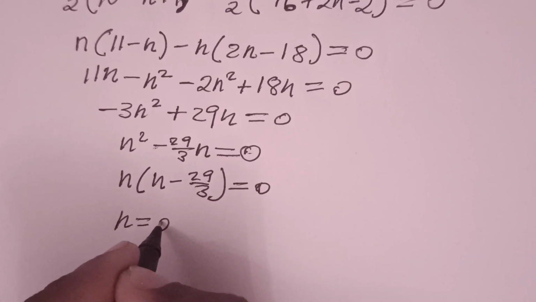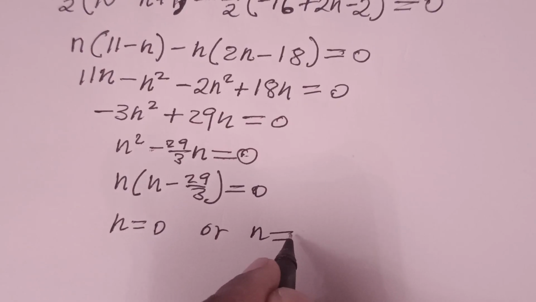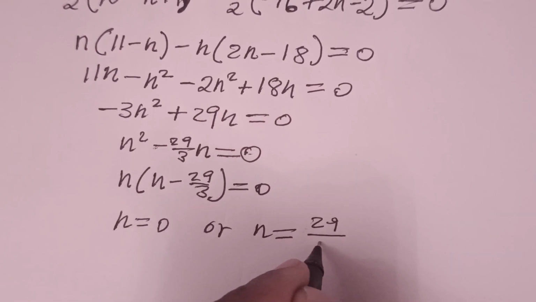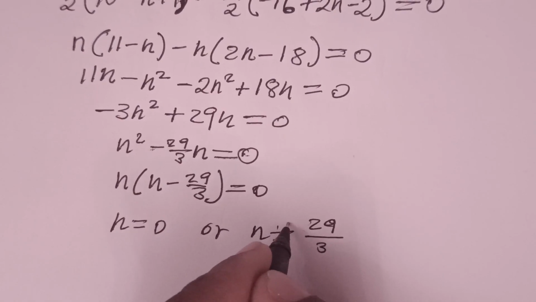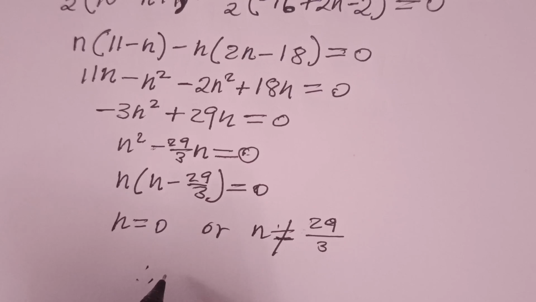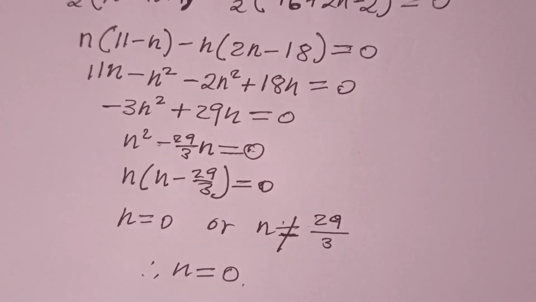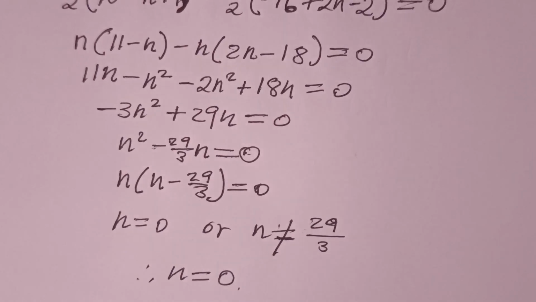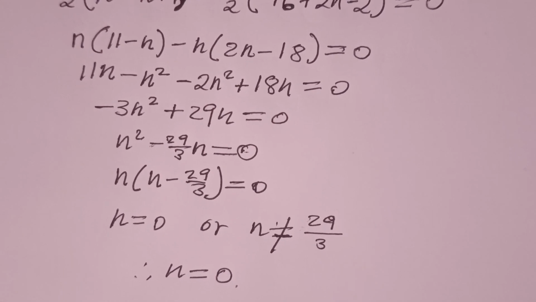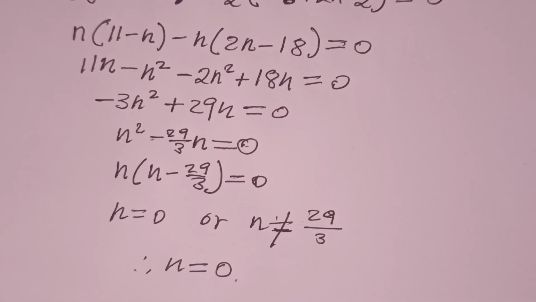So n is 0, or n is actually 29 over 3, but n cannot be that because it's a position. So in this particular instance, n needs to be 0, and the position must not be there. I say there's a little bit of a mistake with this question, but you should still be marked right if you did the right thing.